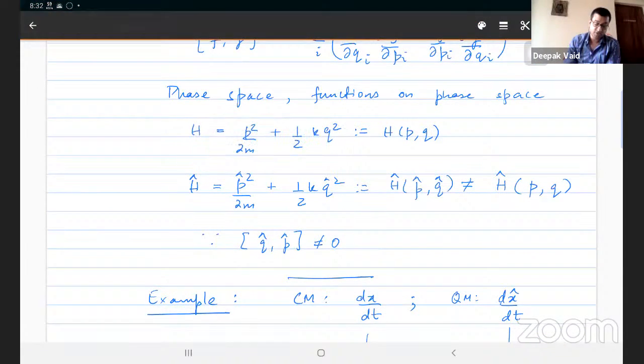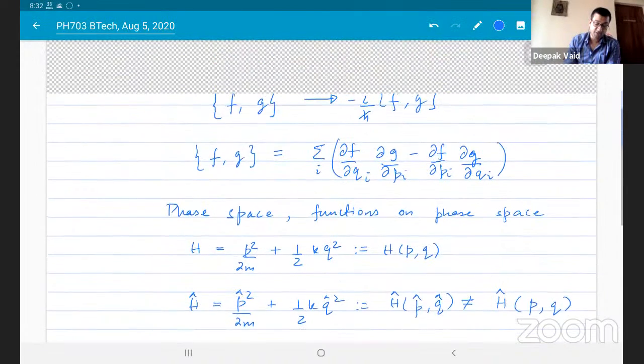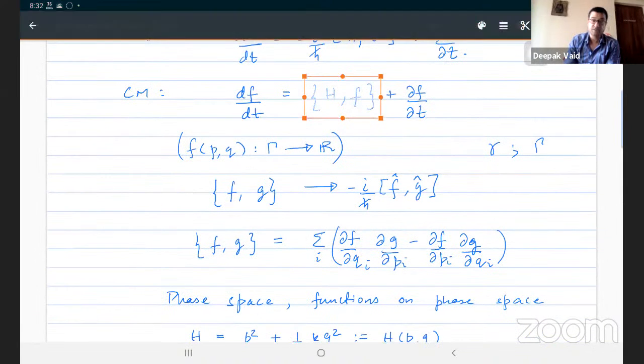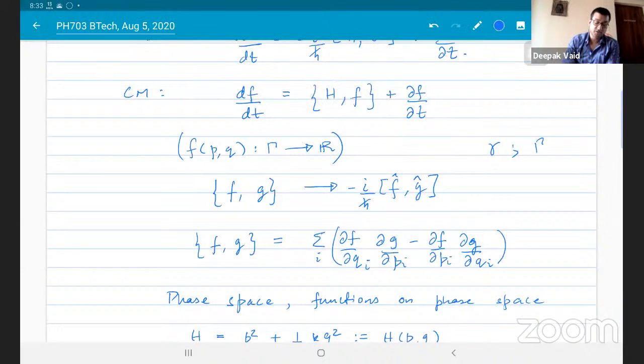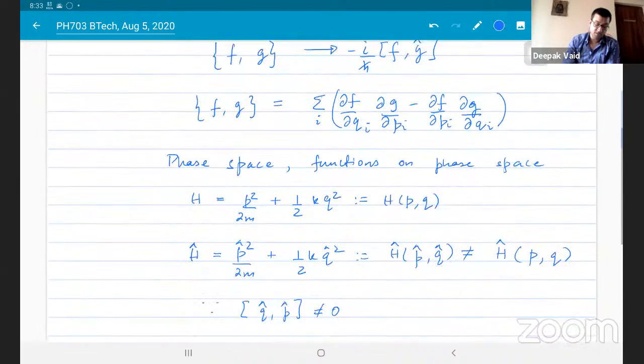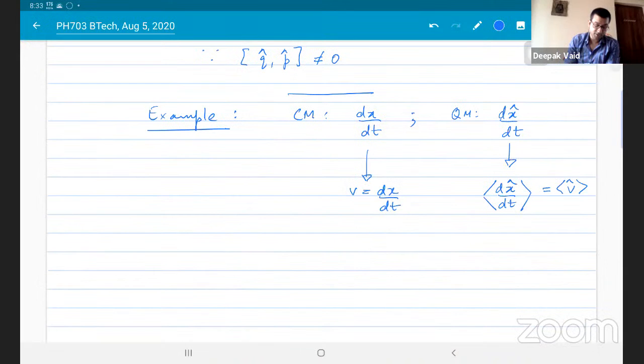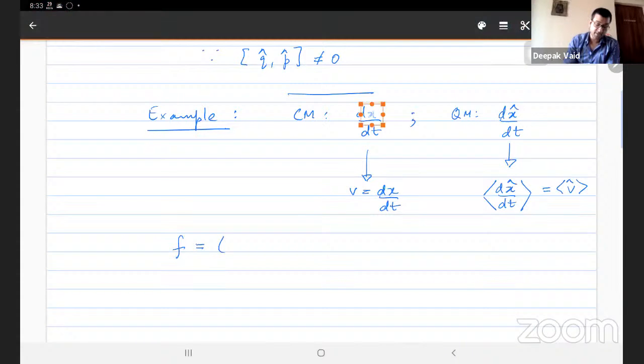Now if you look at this Hamiltonian, and you insert it into this expression, you ask what is the Poisson bracket between this Hamiltonian and our function f, a function f on the phase space. f can be, so again, I'm using x.